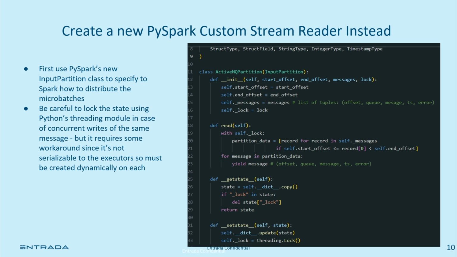Whenever the input partition, or in this case the ActiveMQ partition implementation of it, is called, these methods are going to run. One important thing that you'll see is this get state and set state. Actually, let's go back to the read real quick. You see with self.lock, this is very important when you're streaming. You have multiple threads here with Stomp.